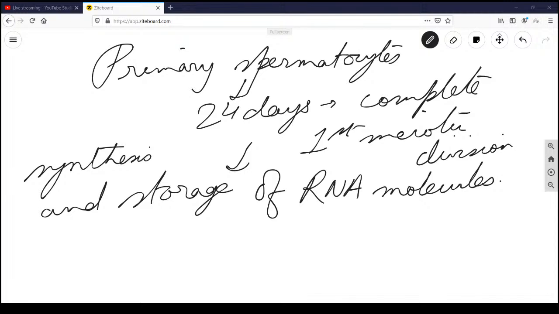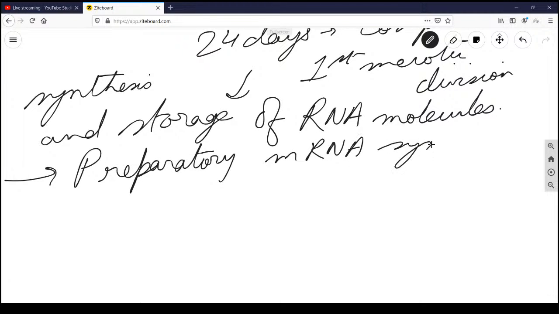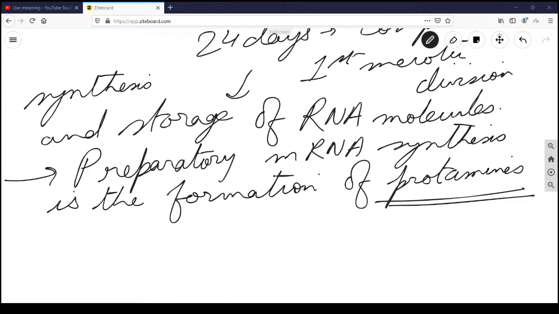A well-known example of preparatory mRNA synthesis is the formation of protamines. Very, very important. You can underline the word protamines.